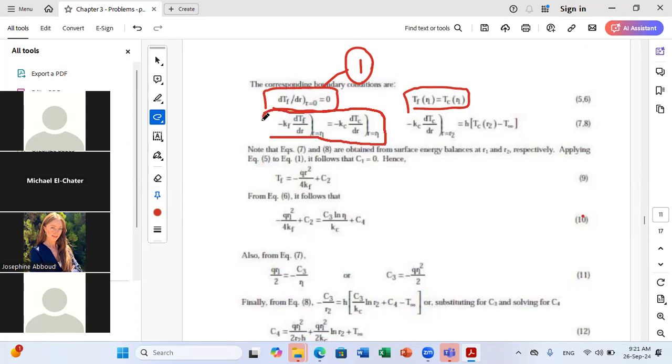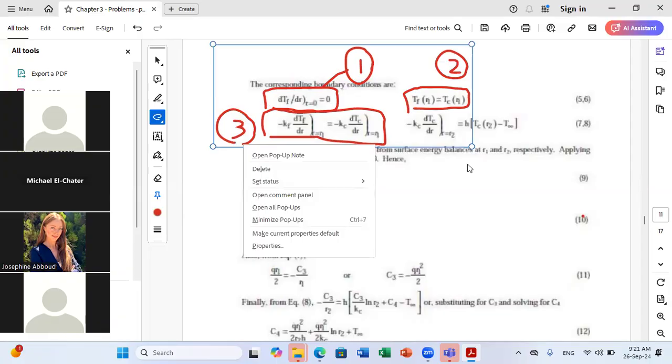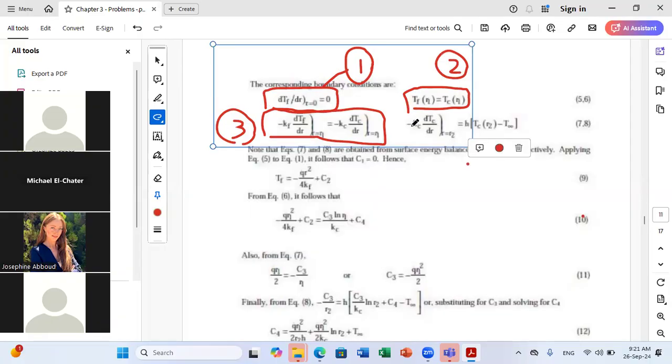These are equations 2 and 3. And finally, the last equation is obtained from the convective condition on the outer side: minus K in the annulus times dT by dr in the annulus at r equals R2 is equal to the convective flux, which is h times Tc at R2 minus T infinity.